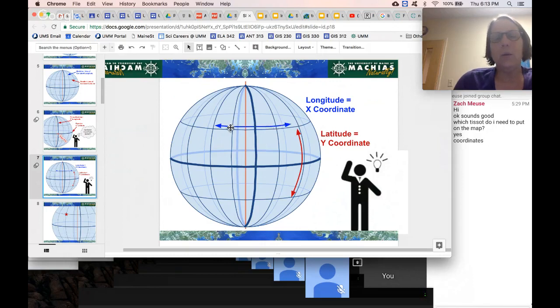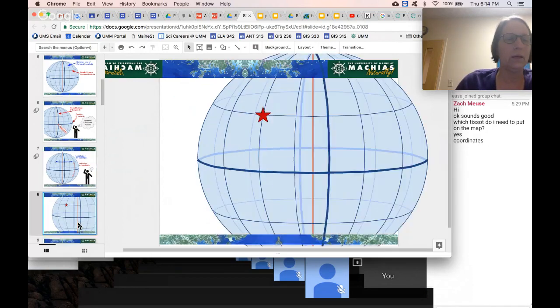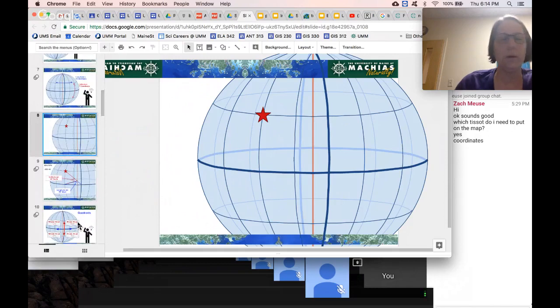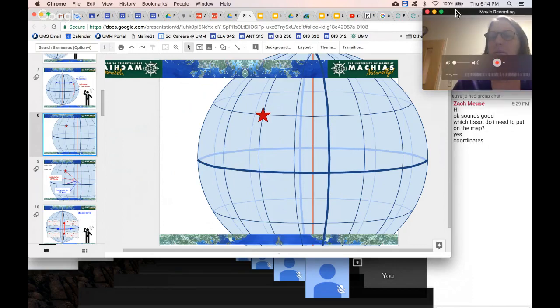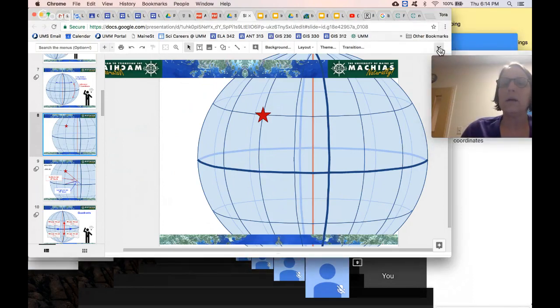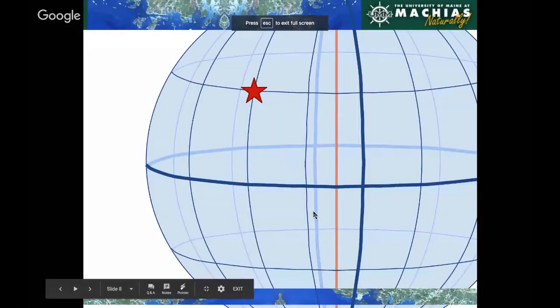So our x-coordinate is going to be how far we are east or west of the prime meridian. And our latitude coordinate is going to be how far north or south we are of the equator. Okay, so we've got that location that we've got to figure out where we are. And here, I'm going to actually do this presentation because it builds itself in.